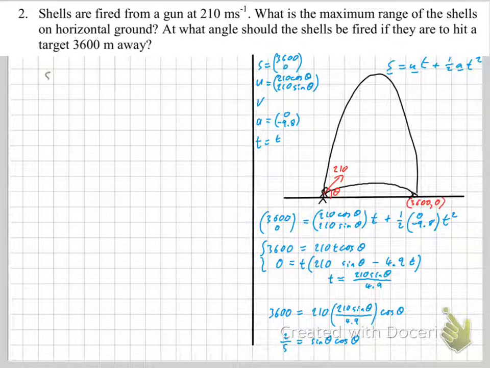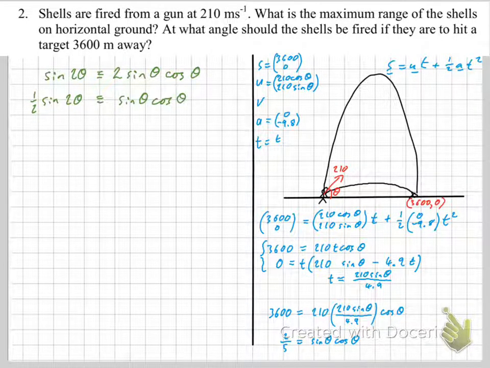Well, you need to invoke this identity from pure maths, which we can rearrange by dividing by 2 to this. So we have sine theta cos theta is equal to half sine 2 theta. Okay, so 2/5 is equal to half sine 2 theta. Double both sides. 4/5 is equal to sine 2 theta.